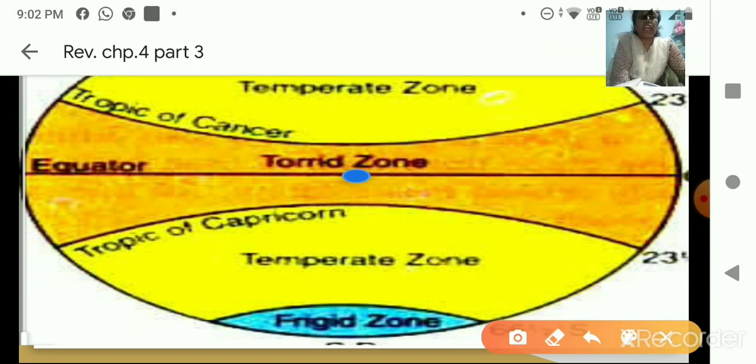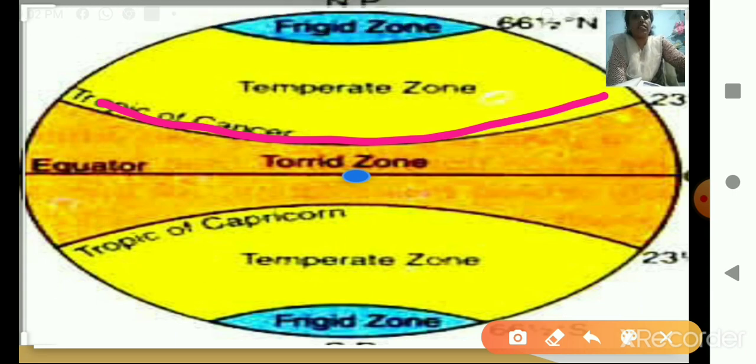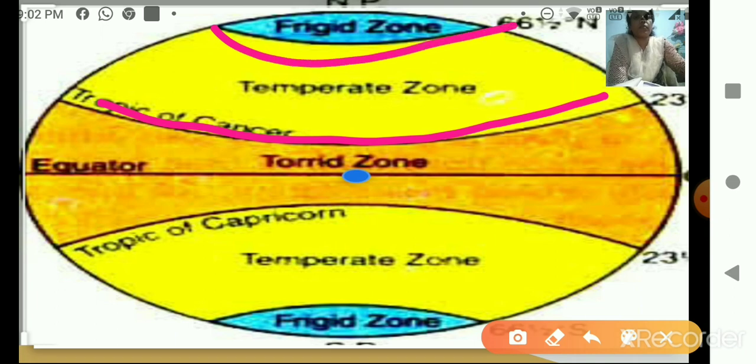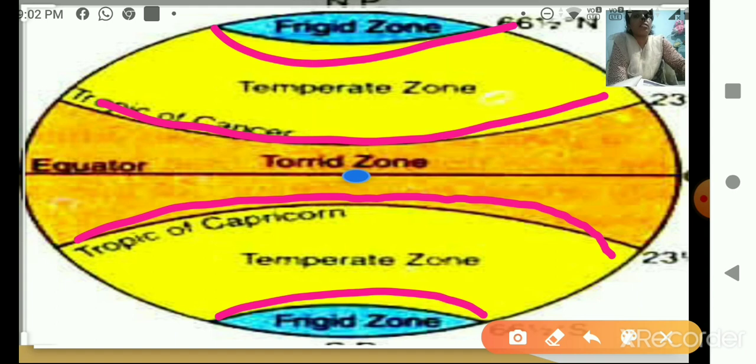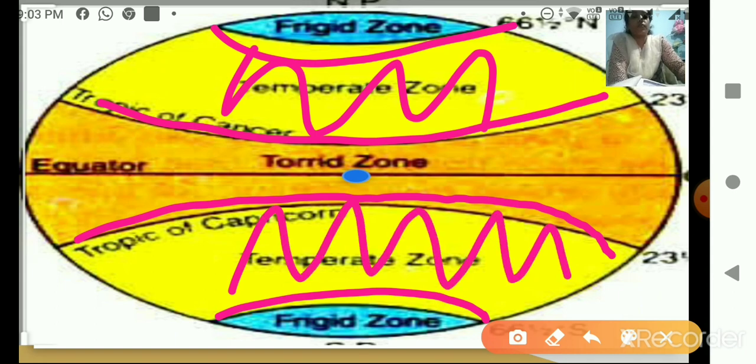The area that lies between Tropic of Cancer and Arctic Circle in the northern hemisphere and the Tropic of Capricorn and the Antarctic Circle in the southern hemisphere are called temperate zones. Okay? This region has a mild temperature, that is neither too hot nor very cold.